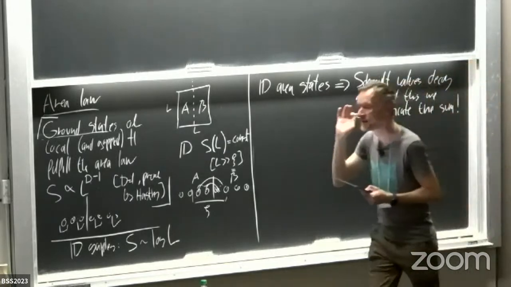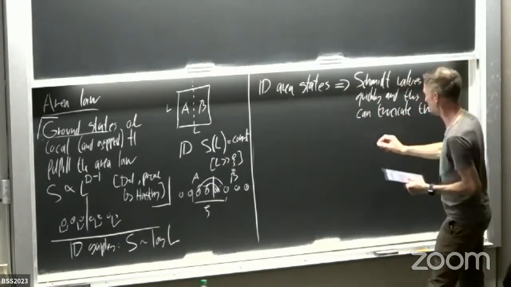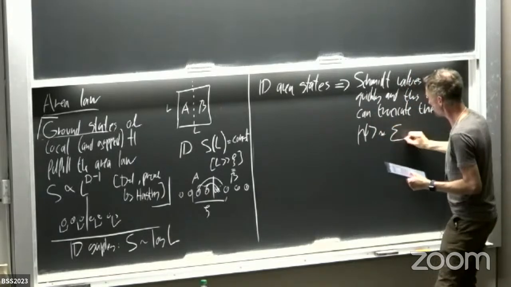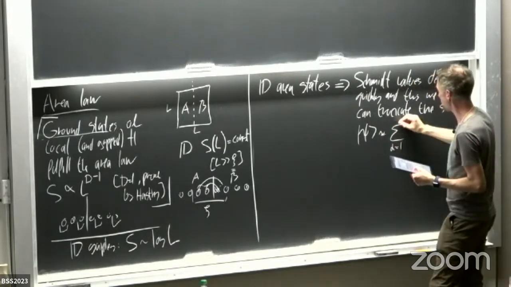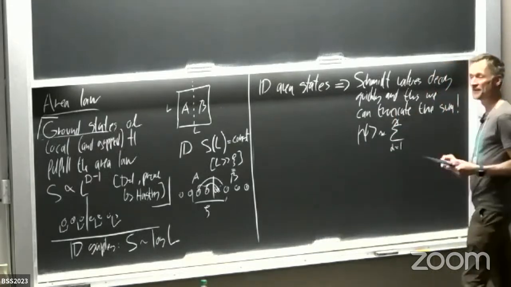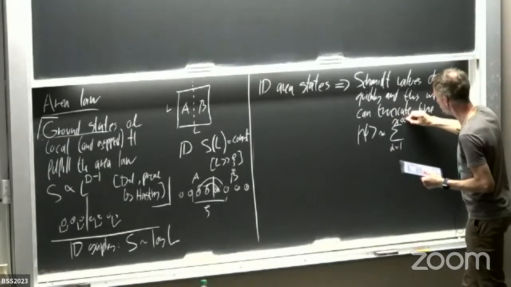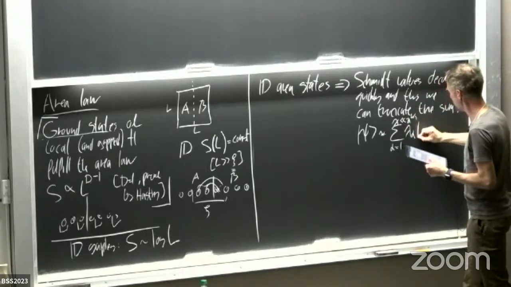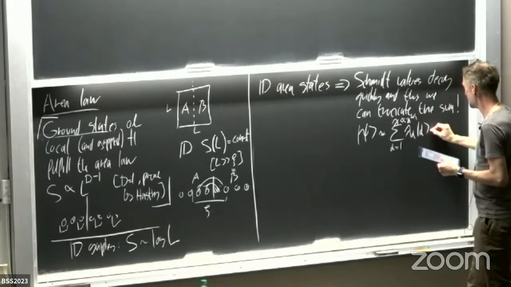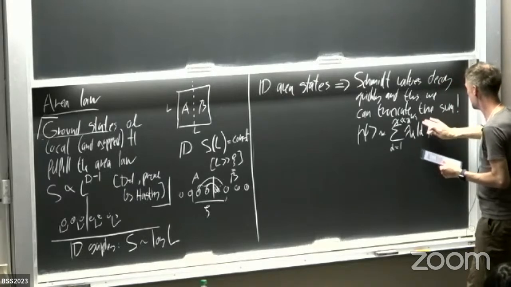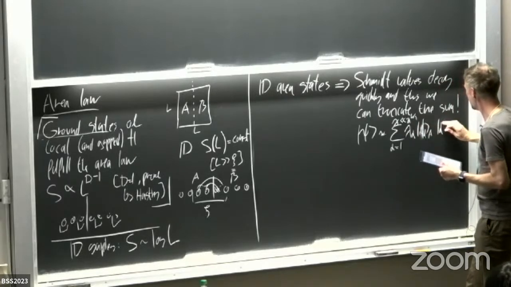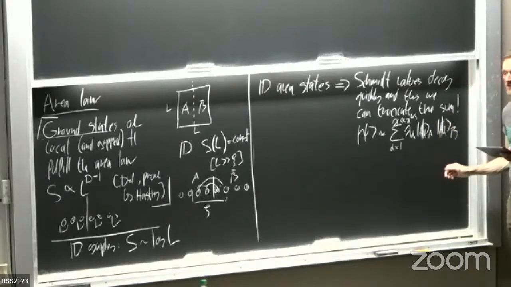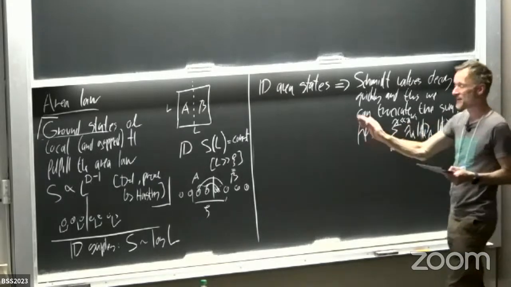Basically what I can say is that my state is well approximated by a sum over alpha going from 1 to some chi, which will be much smaller than 2 to the L half, of lambda alpha times phi alpha A times phi alpha B.